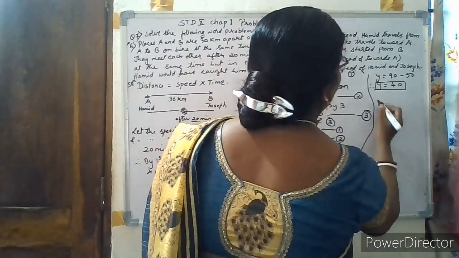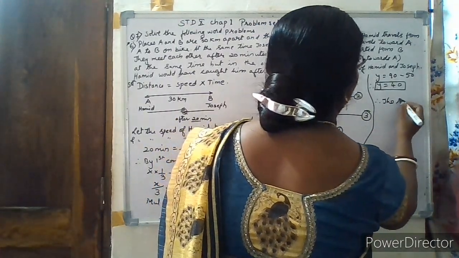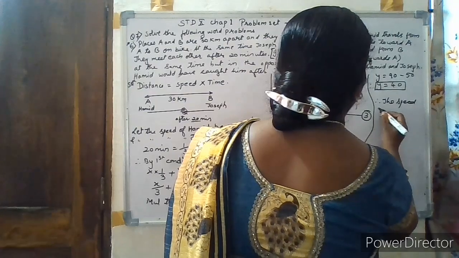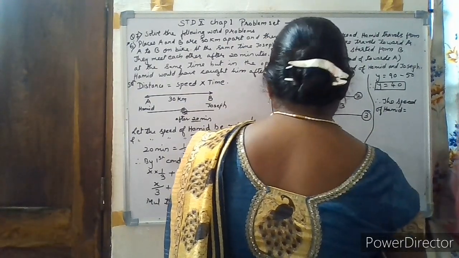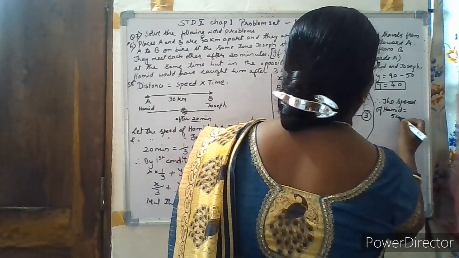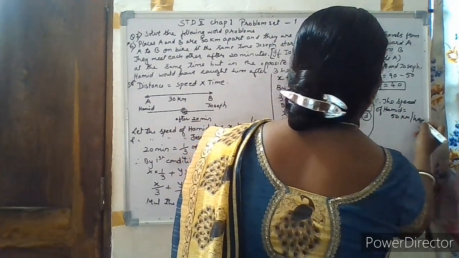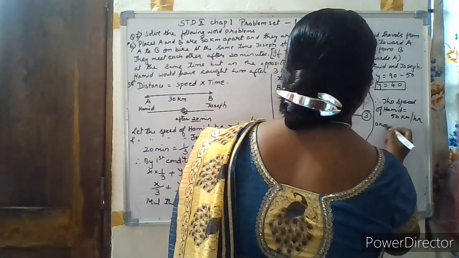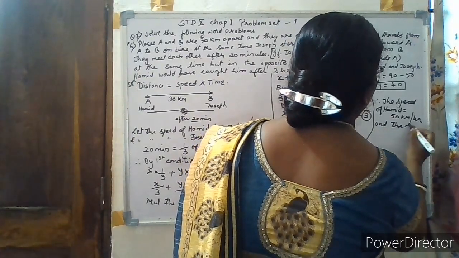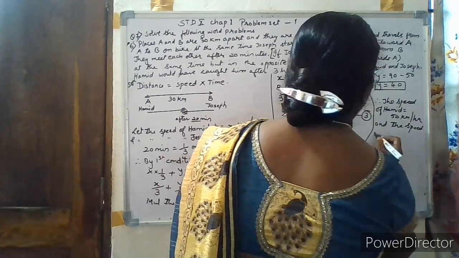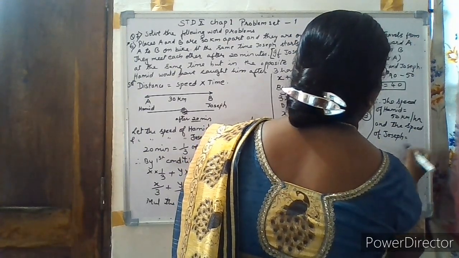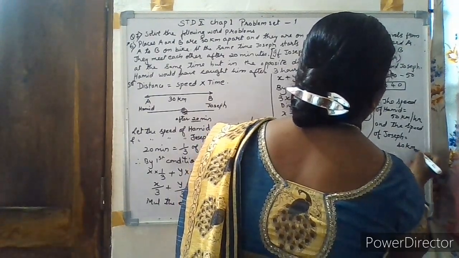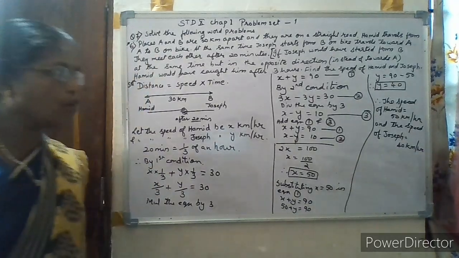Therefore, the concluding answer: the speed of Hamid is equal to 50 kilometers per hour and the speed of Joseph is equal to 40 kilometers per hour. So in this way we have got their speeds.